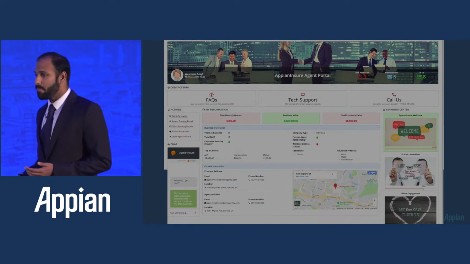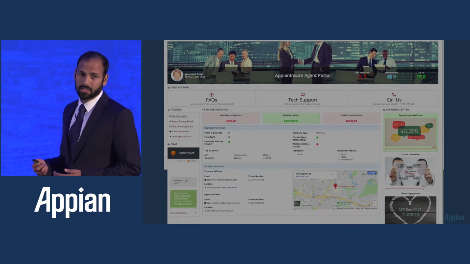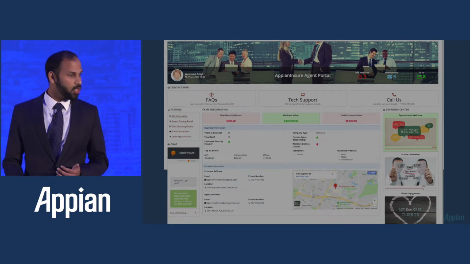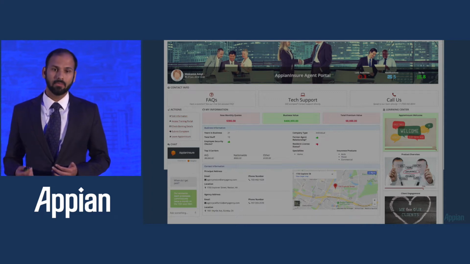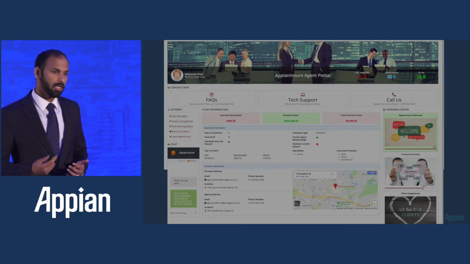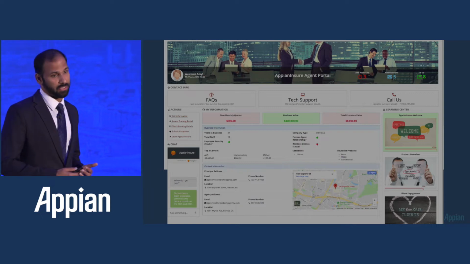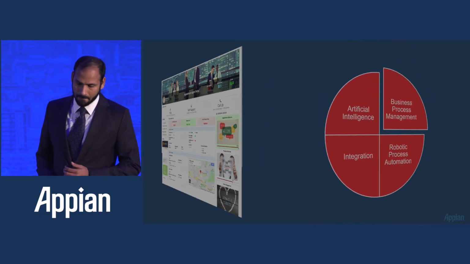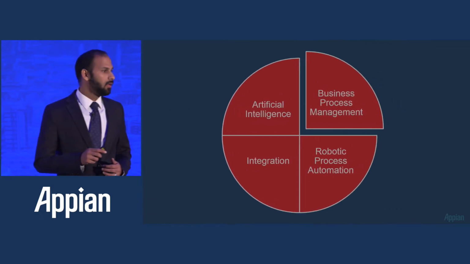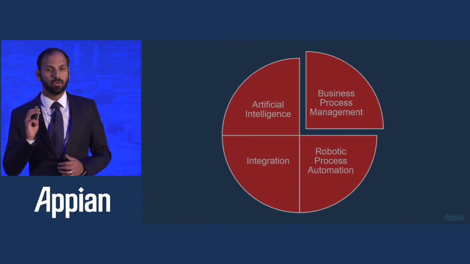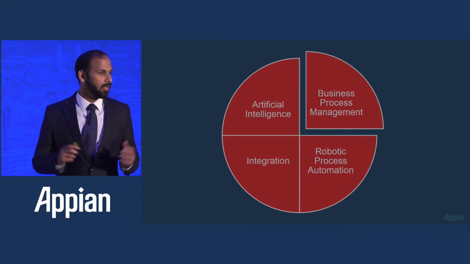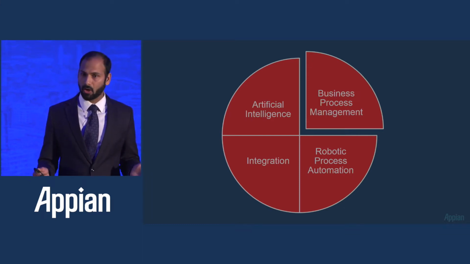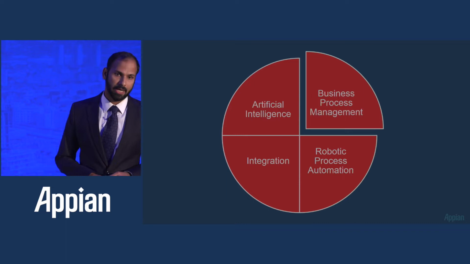We can make this journey better by empowering your users to be more efficient, using your team to do what they are best at, using their smartness and their knowledge. And this is the story I want to talk to you about: how Appian allows you to organize your business end-to-end, introducing the technologies that are going to help you automate.